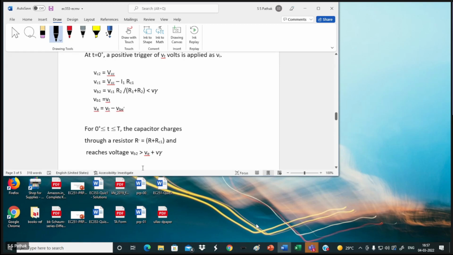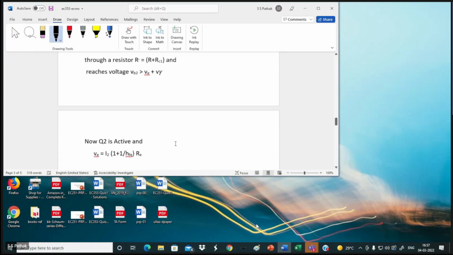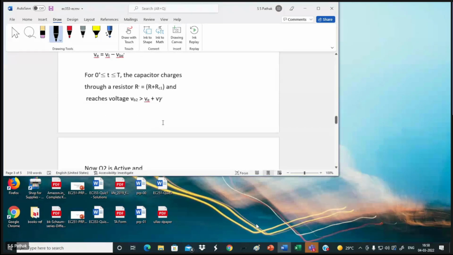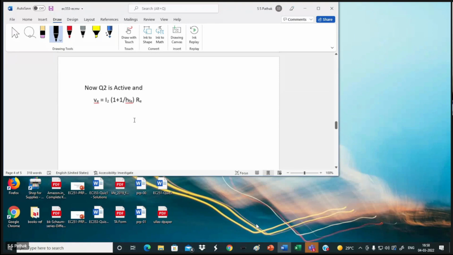With respect to ground, VE is this one plus this V gamma, it becomes greater than that, it becomes active. So till that time it is coming, and this particular T, you know how to compute that, 0.69 RC.